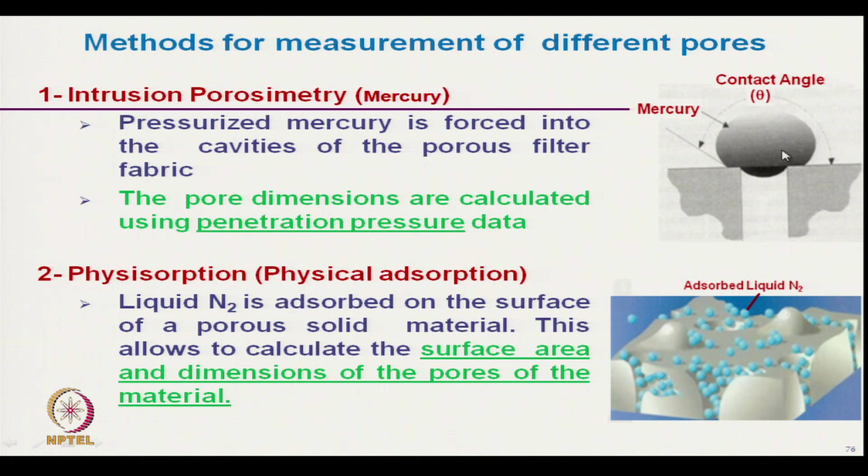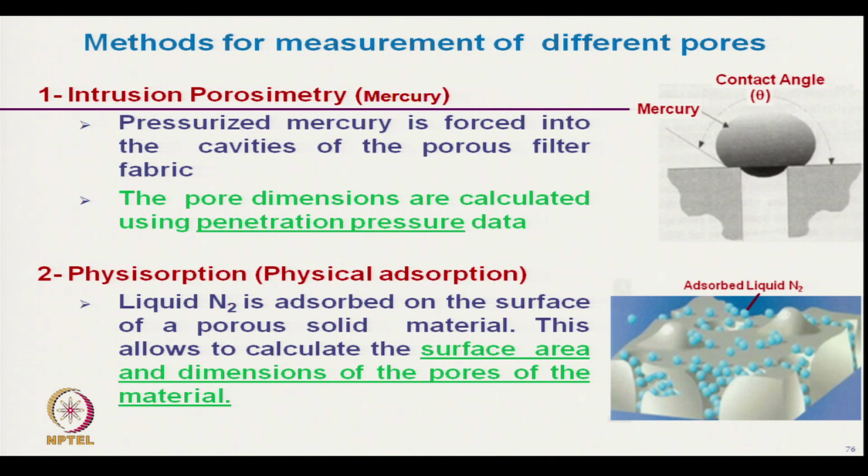Depending on the pore structure or pore size, the pressure will vary. For finer pore size we need higher pressure. So, pore dimensions are calculated using penetration pressure data; indirectly we can calculate the pore dimension.